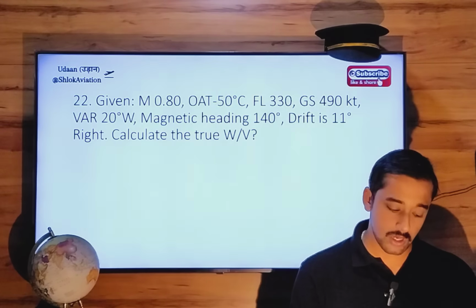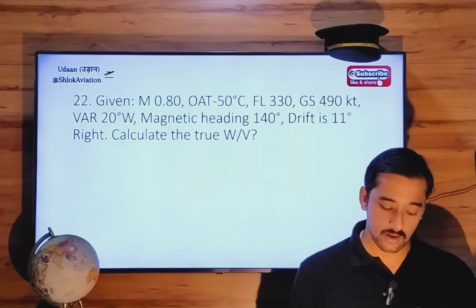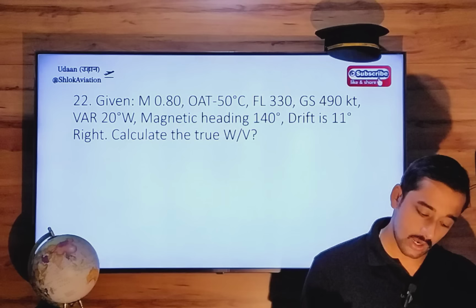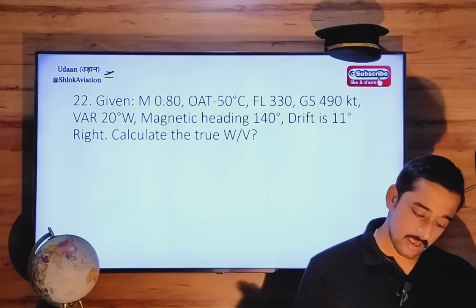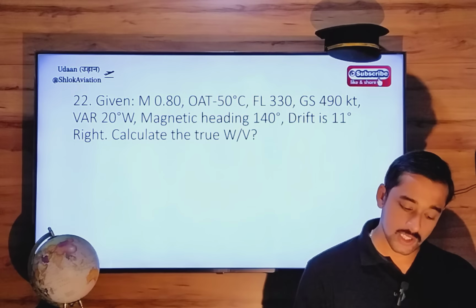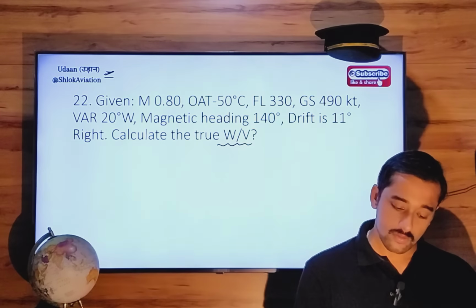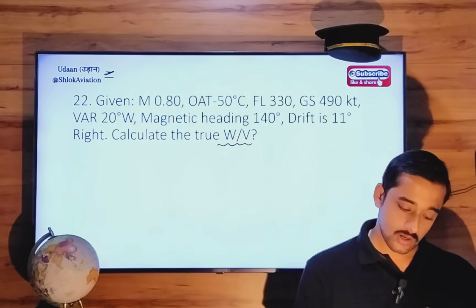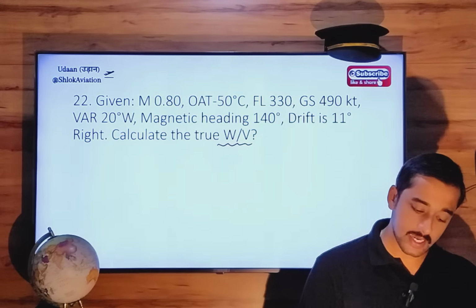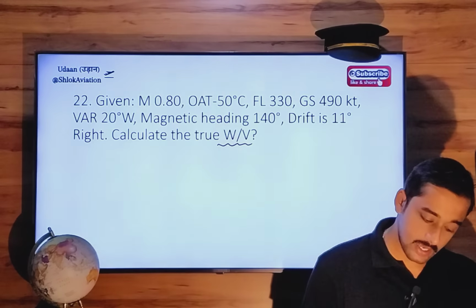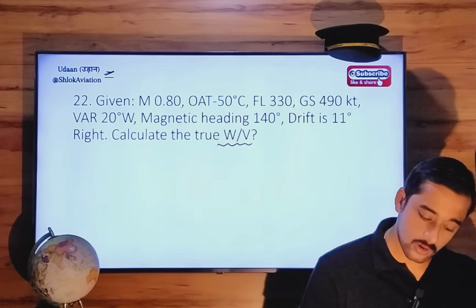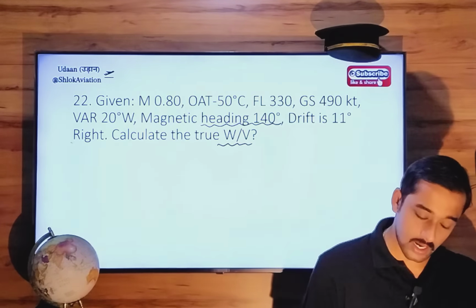Question number 22. Mach number is there. Temperature, flight level, speed, variation, heading, drift. Calculate wind velocity. To calculate wind velocity you need magnetic track. Okay, so heading is 140, drift is right.